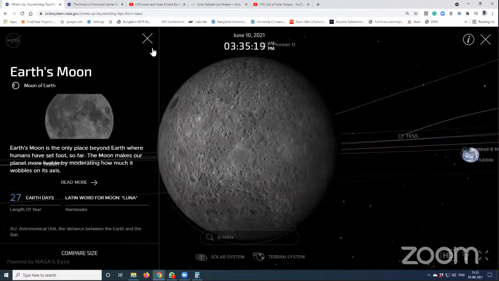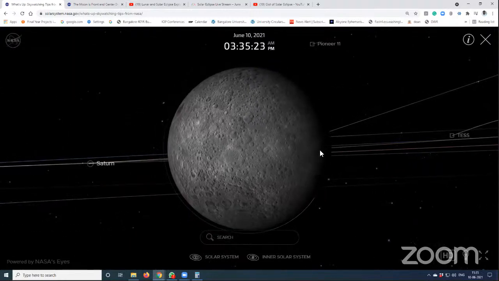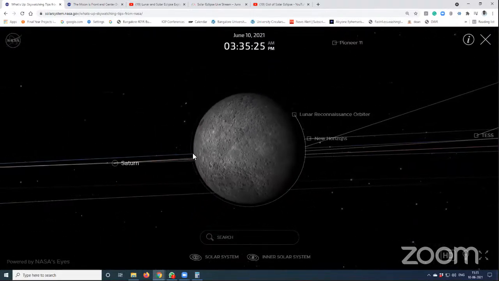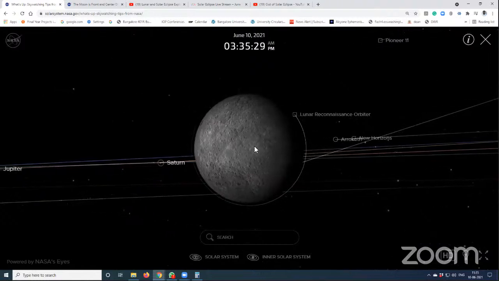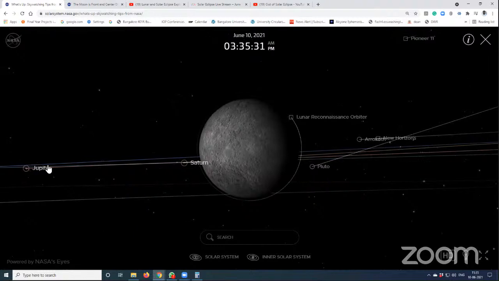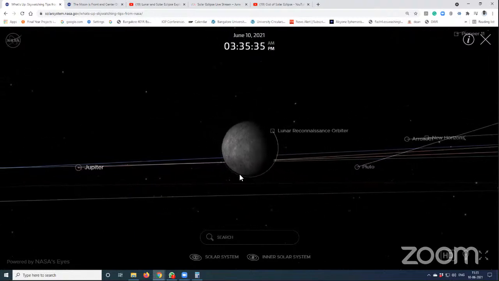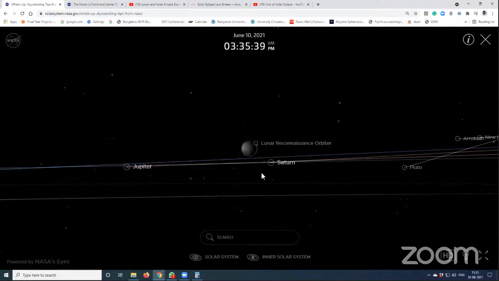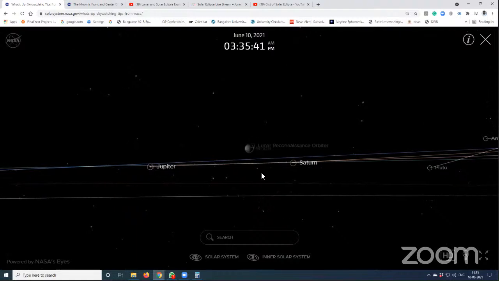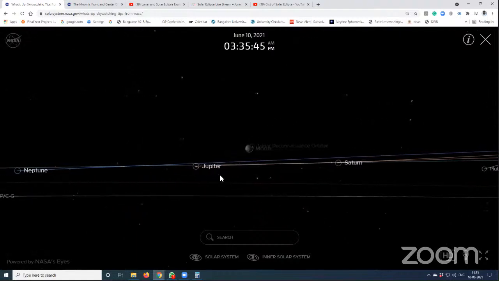Pluto somewhere here. Saturn comes. Lunar Reconnaissance Orbiter is orbiting. Jupiter comes in between. Where the Earth has to come right now. Neptune, far away here.